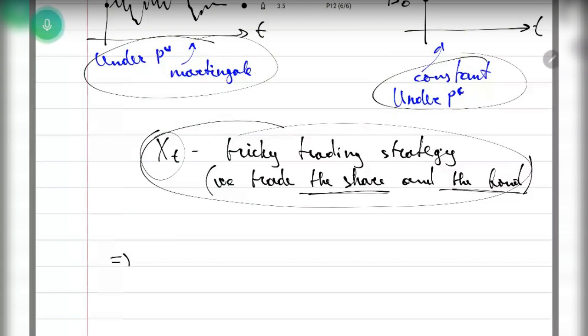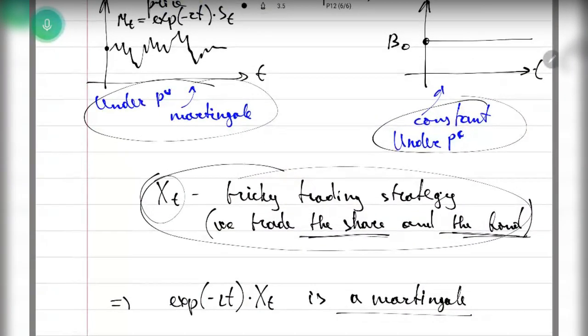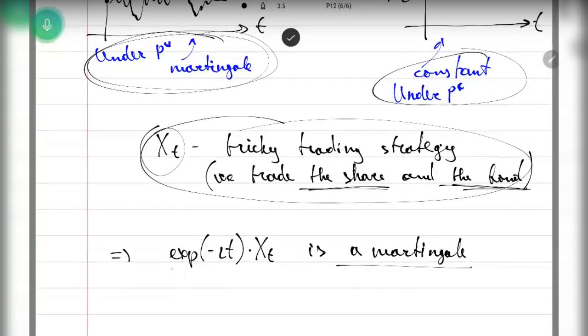We may do transactions at any moment of time we wish, but basically exponent minus RT times XT is a martingale, because we have two assets to trade. The discounted bond price is constant, and the discounted share price is a martingale. Then exponent minus RT times XT is a martingale under P star.